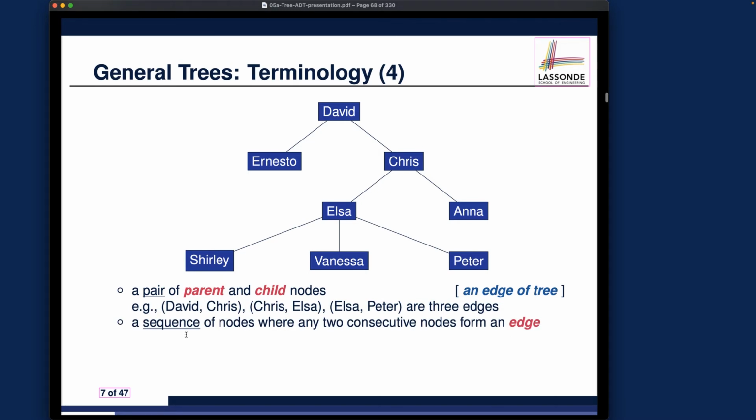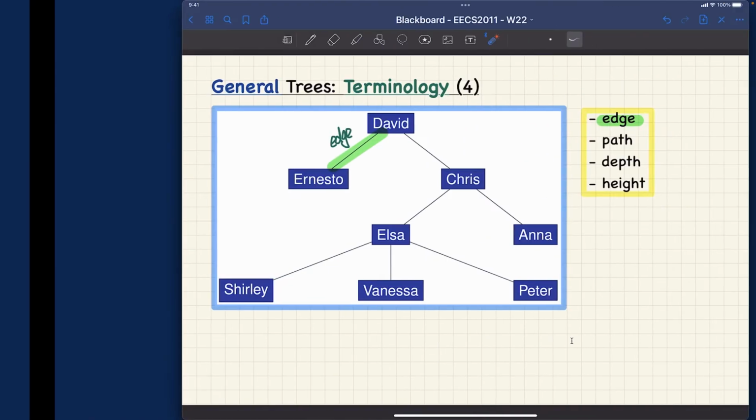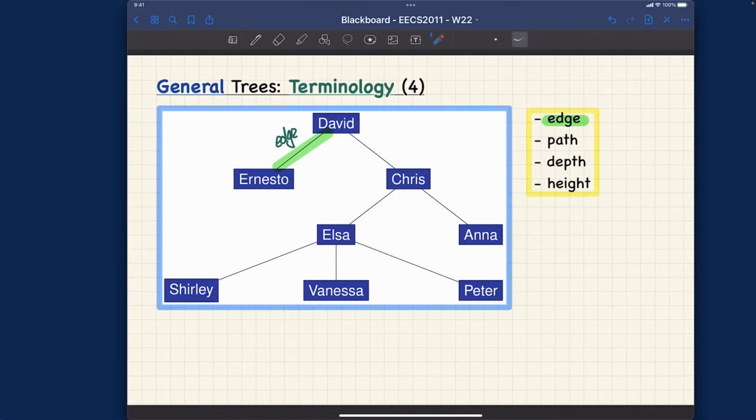A sequence of nodes where any 2 consecutive nodes form an edge is called a path of the tree. Let's consider the following path. Let me use the pink to include several edges at the same time. Say from Vanessa to Elsa, Elsa to Chris, and Chris to David. This is a path, and it's a very special path.